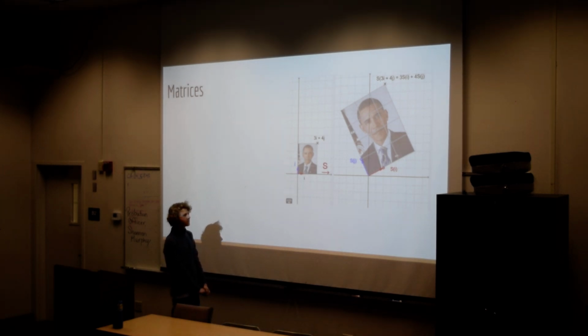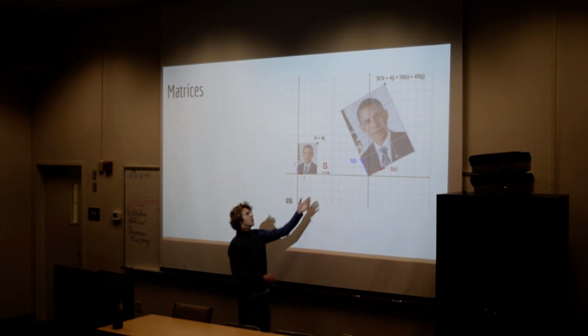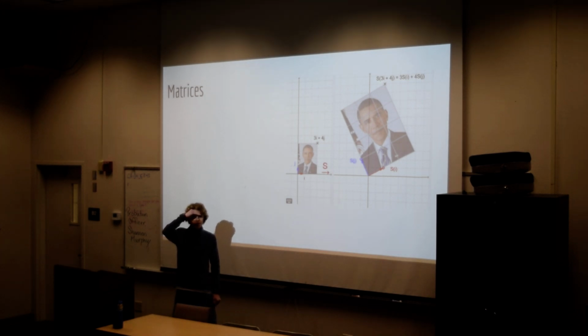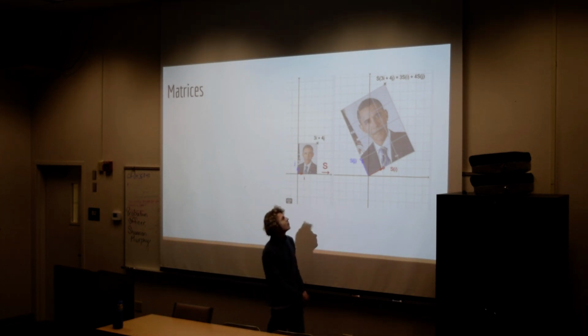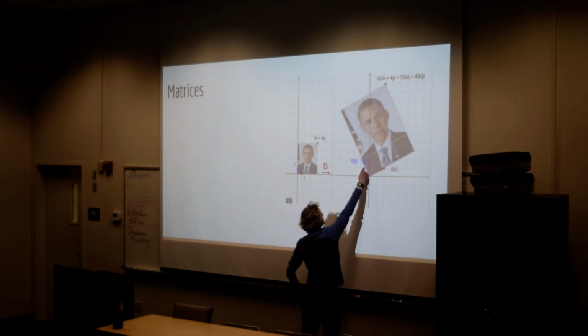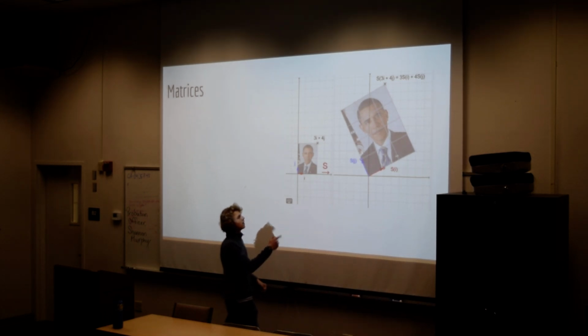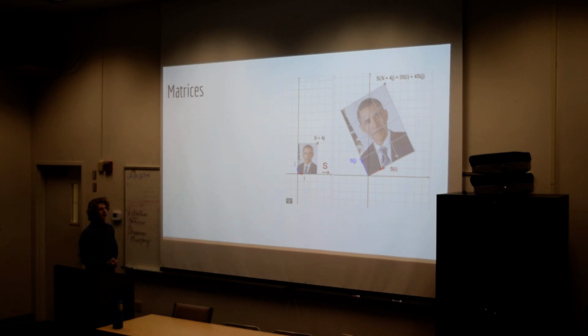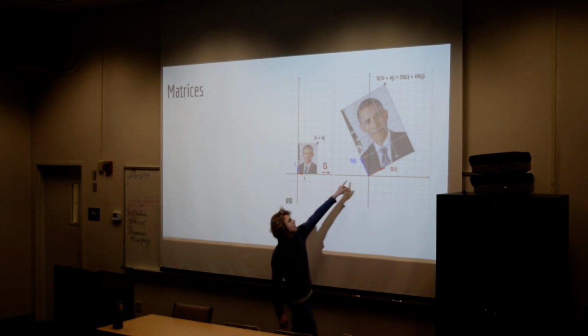Now in this example, we want to describe a rotation and a stretch of Barack Obama's picture. So here, what we've done essentially is we've rotated this a certain number of degrees counterclockwise, and then we've stretched the entire image. And we can use what's called a matrix to describe what we just did here.